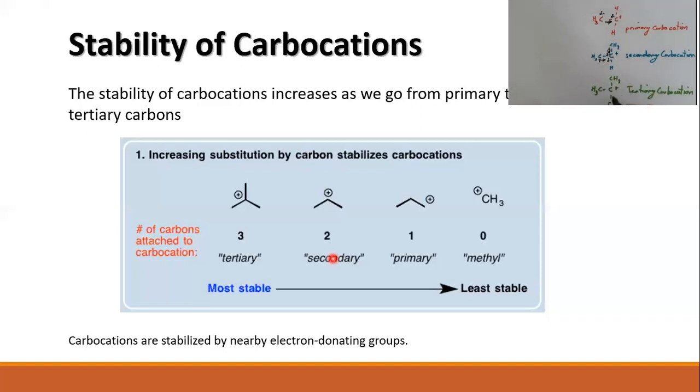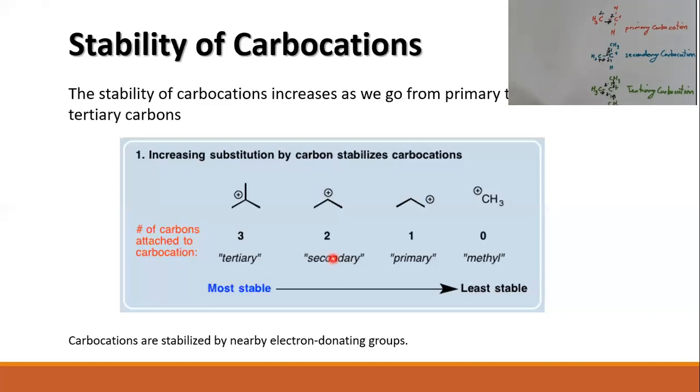The most stable carbocation is a tertiary carbocation, and it can actually exist as this carbocation because all three of my methyl groups have this positive inductive effect towards my carbon cation. It pushes the bonding electron pair closer to my carbocation, thereby stabilizing the ion.